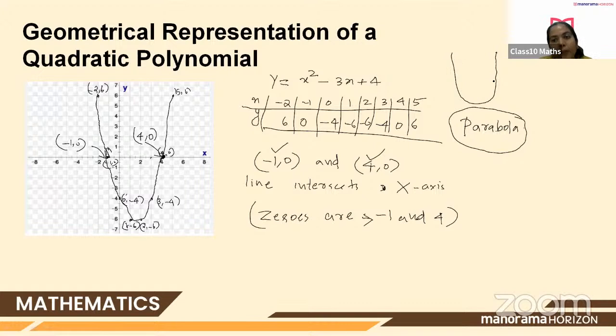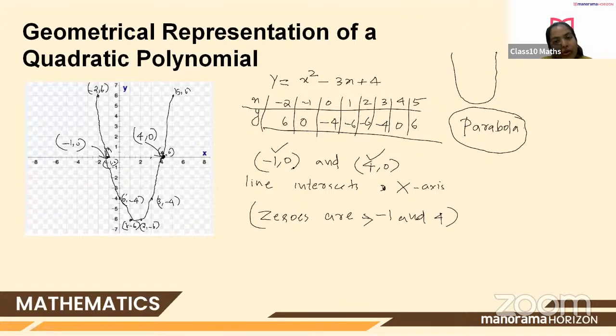The shape is called a parabola, and the points where this parabola intersects the x-axis are minus 1, 0 and 4, 0.